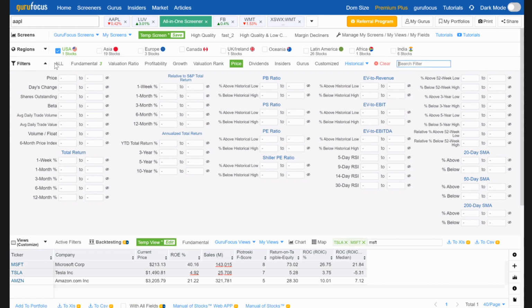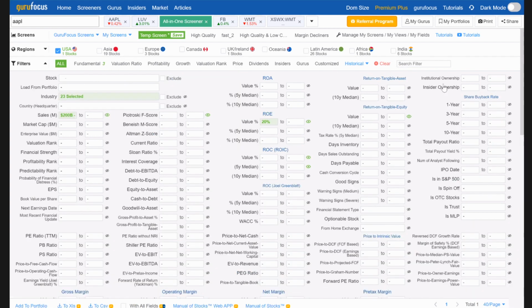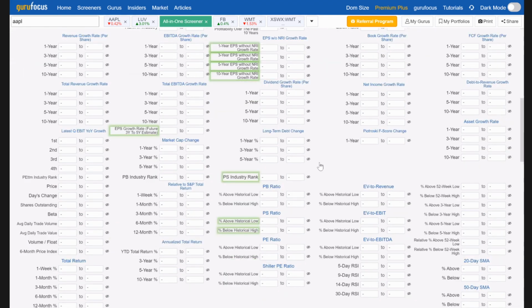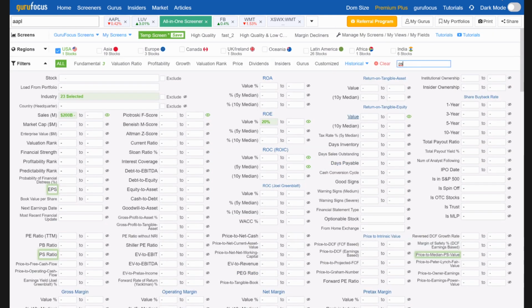By the way, if you don't know which screener is under which category, you can click on this all button and search. If I search PS, it will show you all the related PS filters.